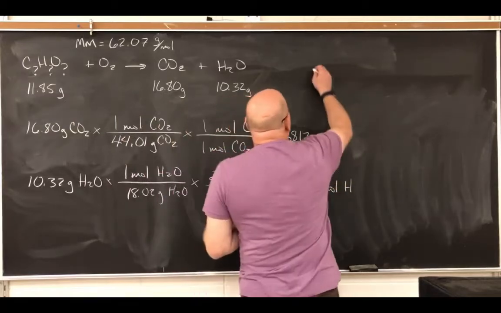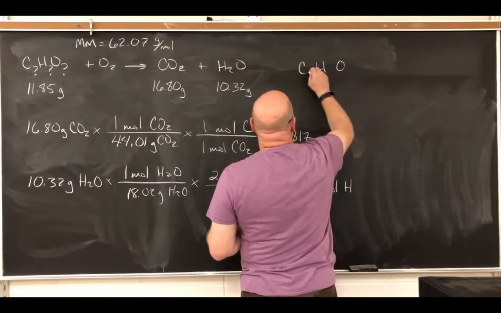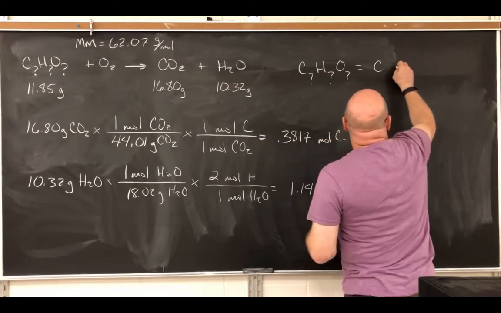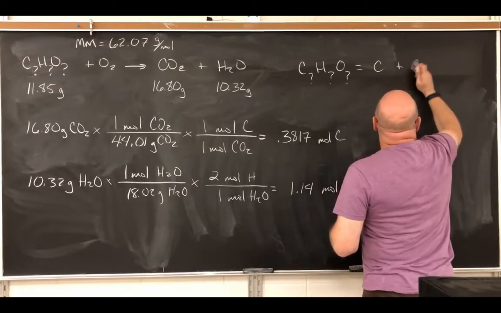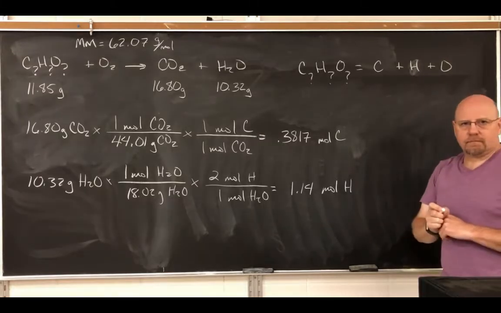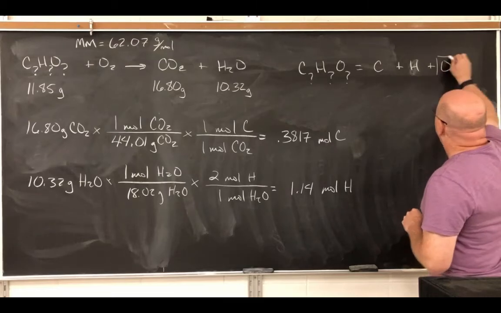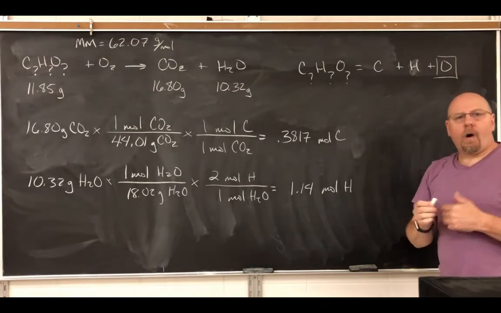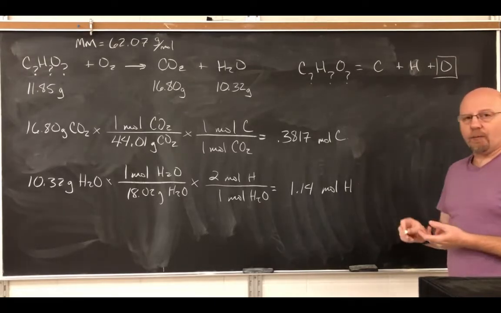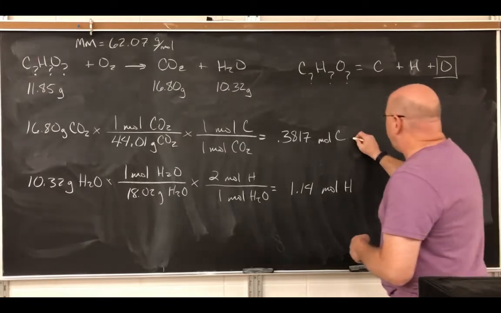So if we treat this as kind of an equation, the mass of the compound equals the mass of carbon plus the mass of hydrogen plus the mass of oxygen. If we know all of these values, we could find our oxygen mass. All we need to do is convert these moles of hydrogen and carbon to grams to be able to plug into this equation.